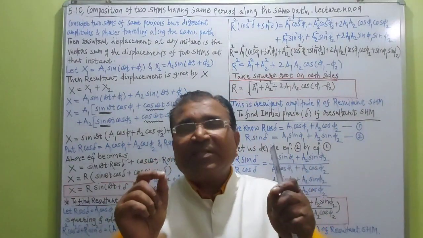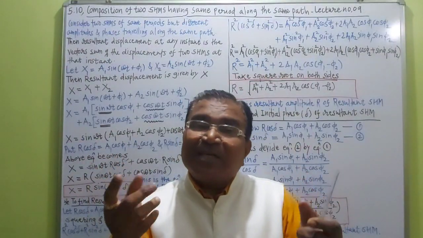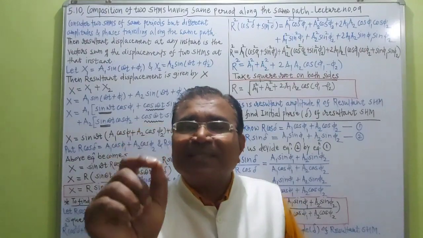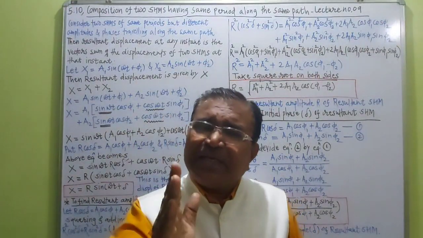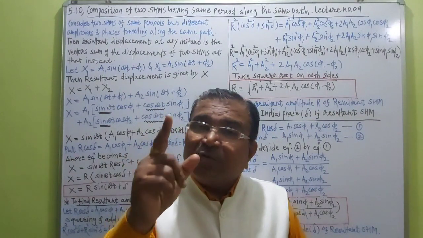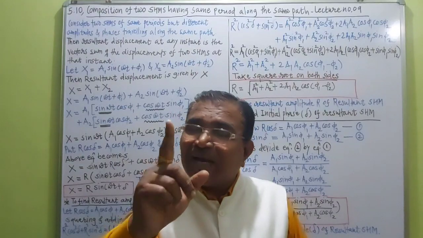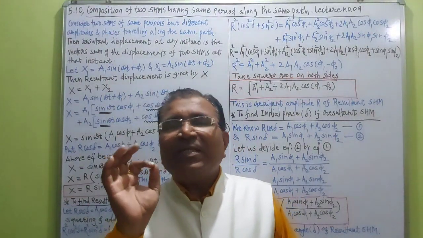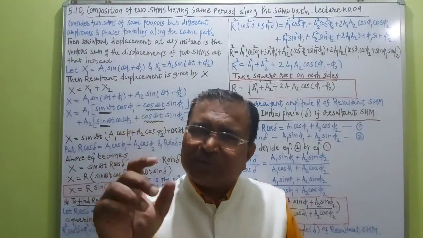If the displacements are opposite, there will be subtraction. That is why we have written the words vector sum. This is called the principle of superposition of two waves.